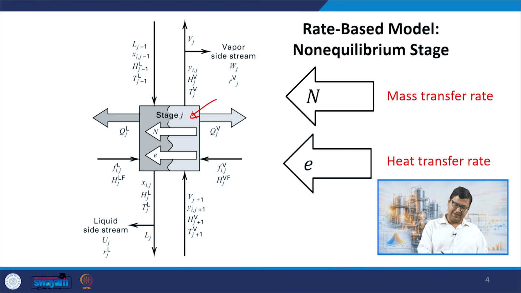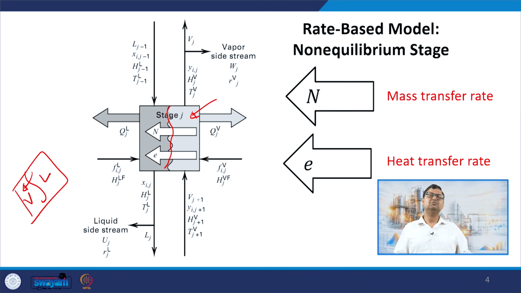In that case there are going to be two phases, a vapor phase and a liquid phase, and there is going to be mass transfer from the liquid phase to the vapor phase or vice versa. Only when the mass transfer ceases are we going to think about equilibrium, right? In a typical non-equilibrium situation, we are going to have mass transfer of species from one phase to the other, right?